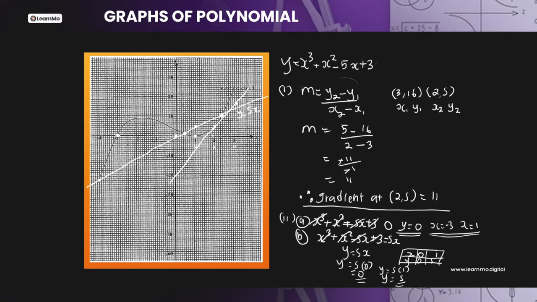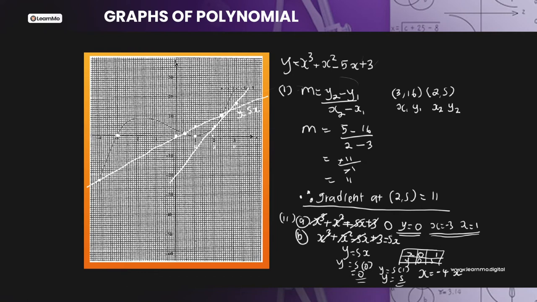Remember, this is x and this is y. You only pick the coordinates for x. So it has cut this curve at negative 4, so your x is equal to negative 4. Your x is also equal to this point where the line has cut the curve, which is 0.5.